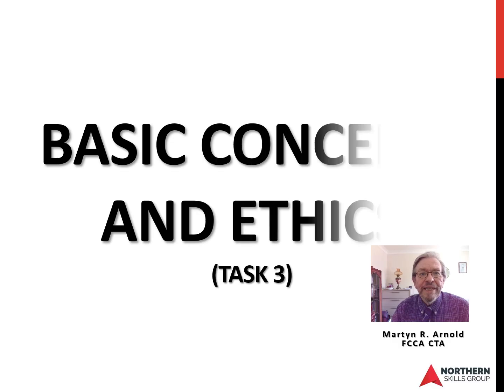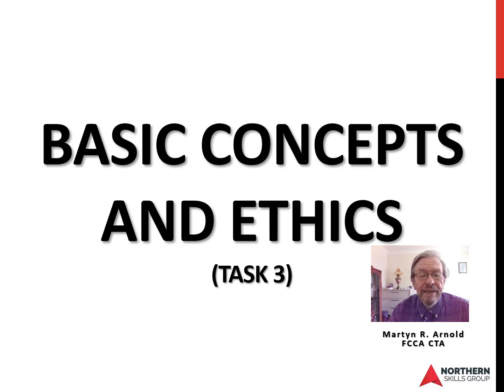So task 3 is all about basics, the conceptual framework and some basic definitions of assets, liabilities and so on, as well as some ethics, taking you back to what you covered in level 3 in the professional ethics paper. So these slides are just a reminder of some of those main things that might crop up in the exam.